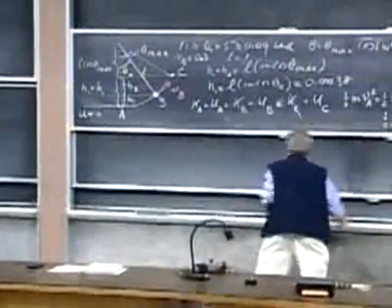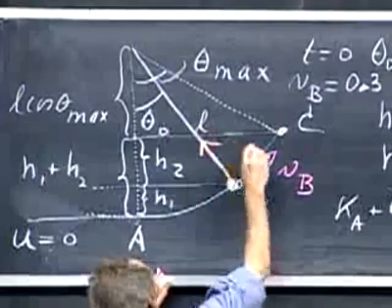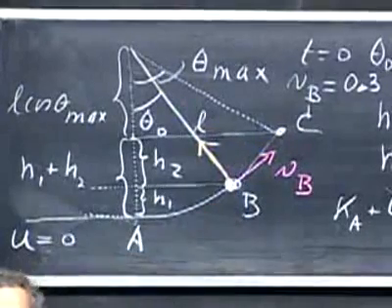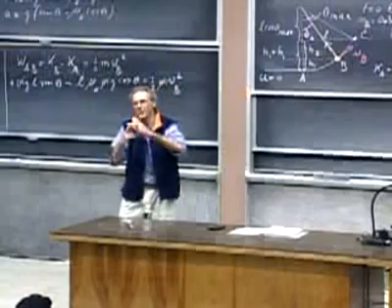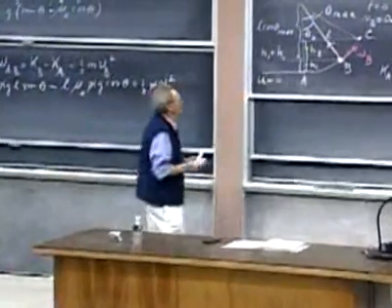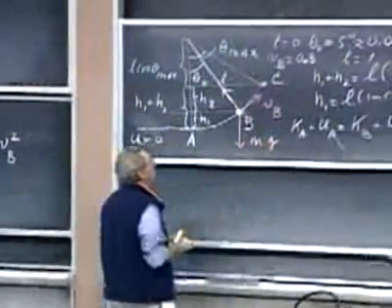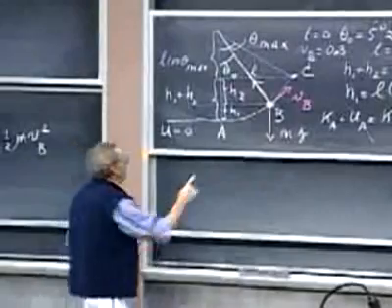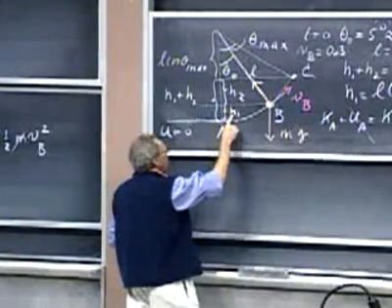because the tension, which is in this direction, is always perpendicular to the direction of motion. And work is a dot product between force and the direction of motion, perpendicular to each other. So that's 0. So it's only mg that matters, the gravitational force. Well, when it goes from A to B, the work done by gravity is minus mgh1.